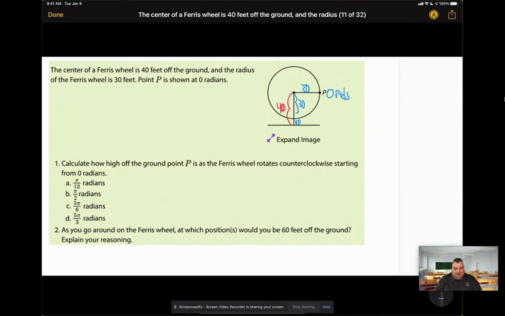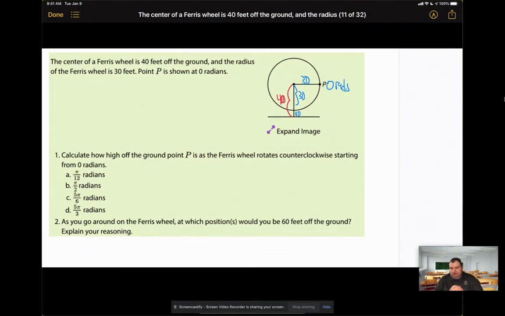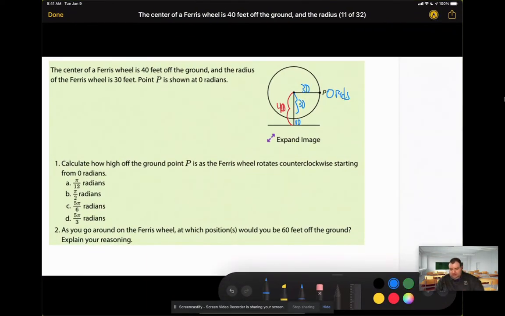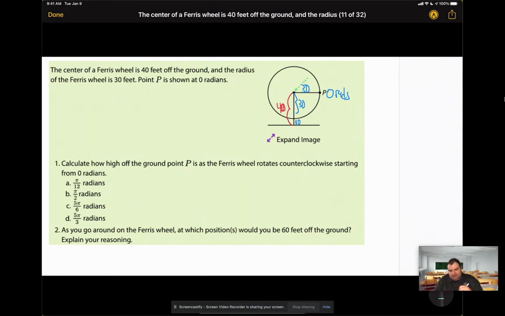So on the diagram, and I'm going to use a different color for this, 15 degrees is going to be approximately right here. Remember, directly up from center is 90 degrees, or pi over 2 radians.